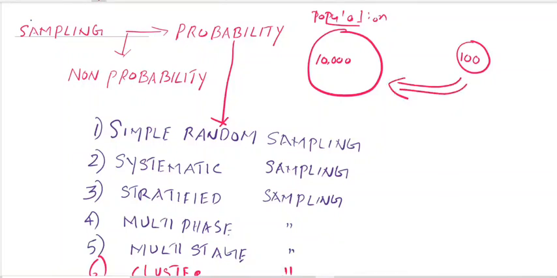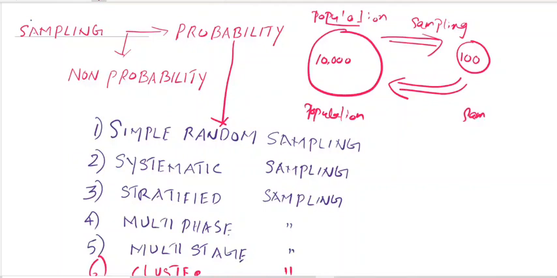That is the concept of sampling. Okay, so sampling means it is a miniature version of the population. So this is our population and this is our sample.